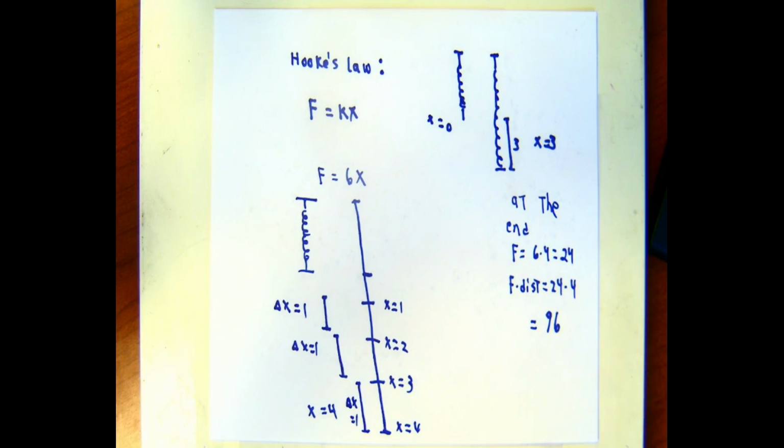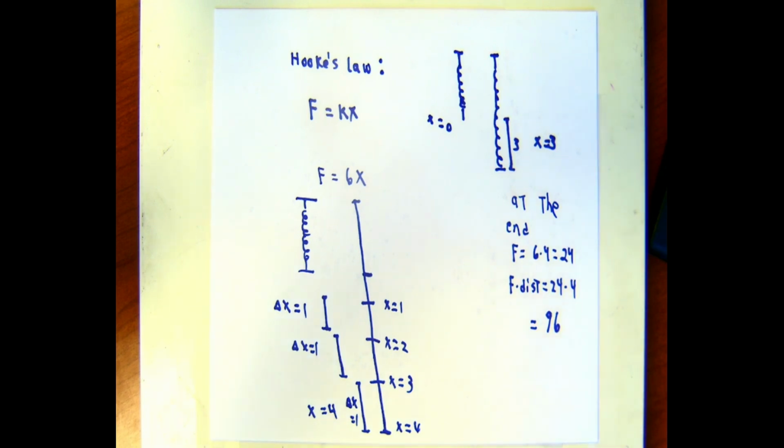I can imagine doing this stretching as a sequence of things. First, we stretch 1 unit, then we stretch another unit to reach x equals 2, then another to get to x equals 3, and then another to get to x equals 4. Each one of these little chunks corresponds to changing the x value involved by 1 unit. Now, within each one of these chunks, though, I'm going to pick a representative c number so that I can estimate the force over the entire bit.